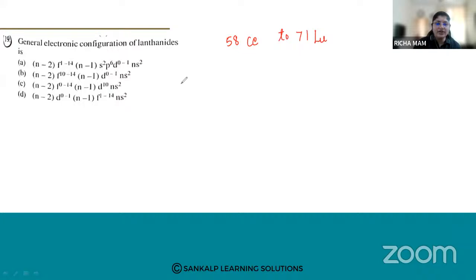Okay, so the electronic configuration will be (n-2)f1 to 14, (n-1)s2 p6 d0 to 1, ns2. So it is option number A. Okay. Let us go for the next one.